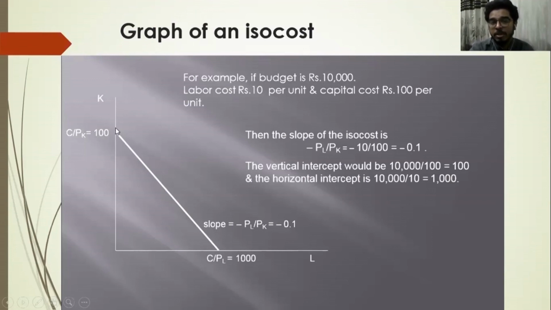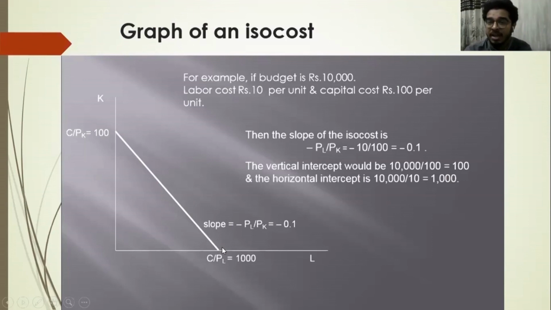If there is no labor, I can employ a total of 100 units of capital if I am using the entire outlay or budget. Over here, same thing. I am not recruiting any capital. I am just recruiting labor, and I can recruit 1,000 units of labor, each taking 10 rupees, and then my total budget is exhausted at 10,000 rupees.